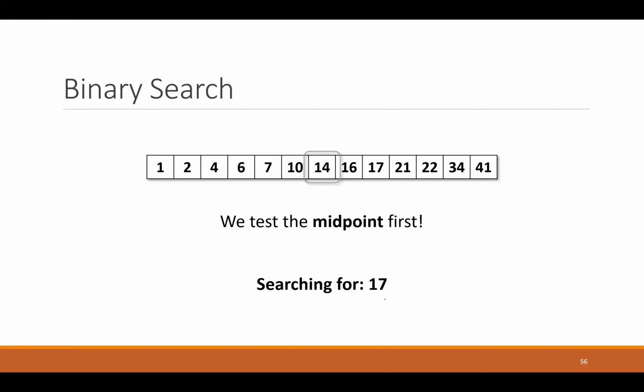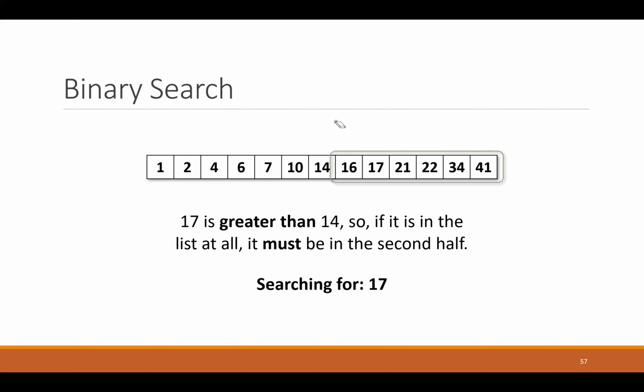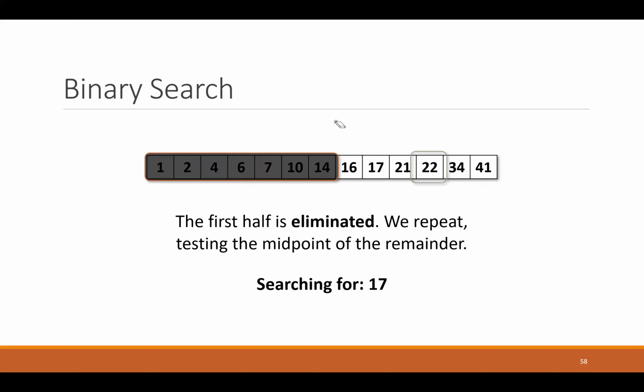But I know something more: 17 is greater than 14, which means I can search just this part of the list, which is at most half of the list. This part I can completely ignore. So I've cut my problem size in half, at least.